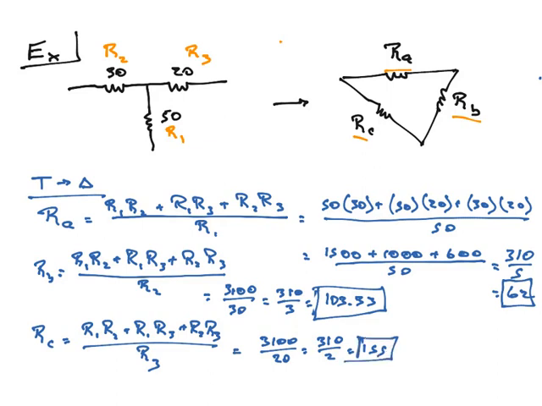And there we go. So if I make RA 62, RB 103.333, and RC 155, then this delta connection of those three resistors acts equivalently in a circuit as R1, R2, and R3 resistors connected as a Y.